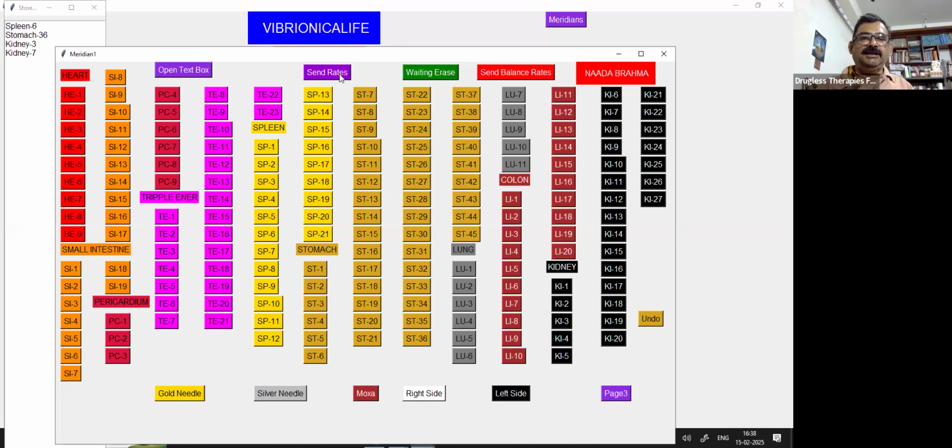The two meridians under metal are the large intestine and the lungs. In the cold or water element, there are kidney and bladder. So all our 12 meridians are divided into these 5 element groups.